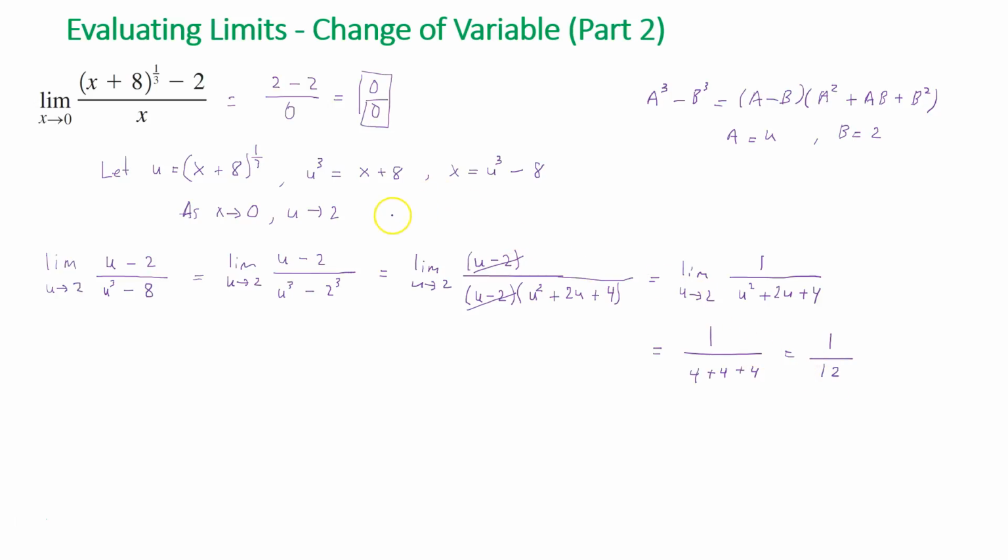The goal in these problems is usually to get a difference of cubes, factor the difference of cubes, and then cancel out a common factor. After you've canceled out a common factor, you can substitute the value, in this case 2, into the expression to determine what the limit is equal to.